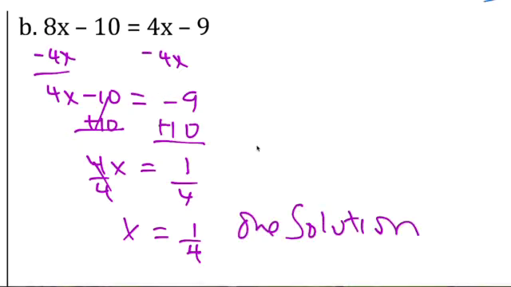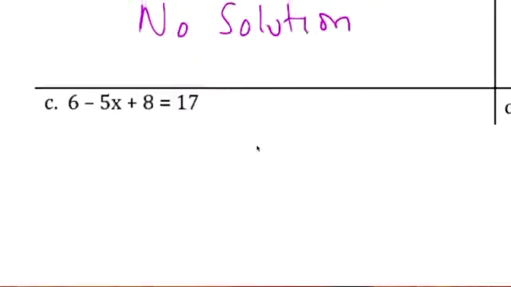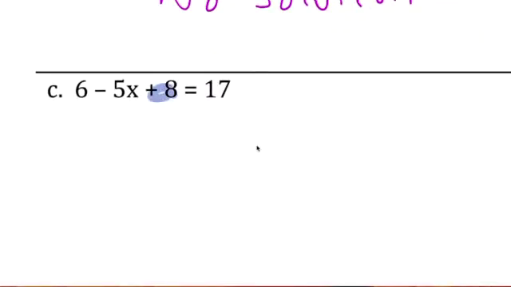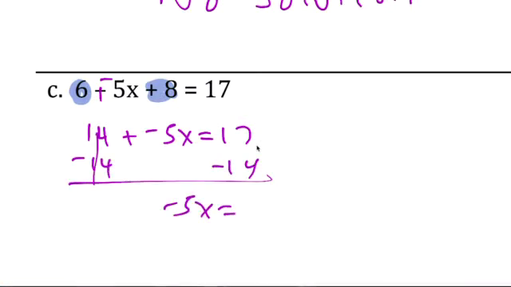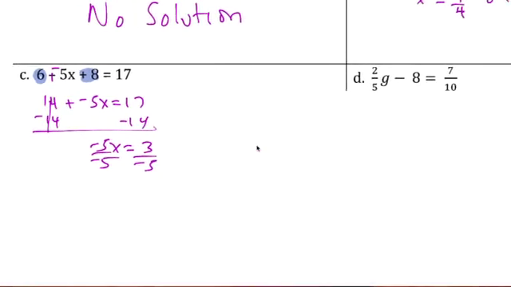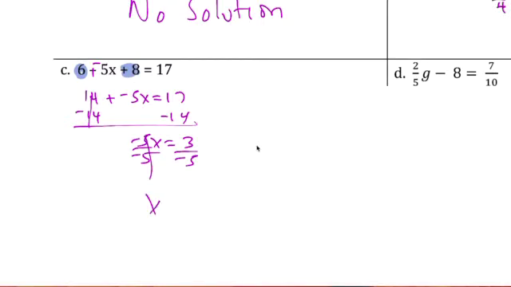And then combine these together. Additive inverse: 14 plus negative 5x, minus 14, divided by negative 5, one solution.